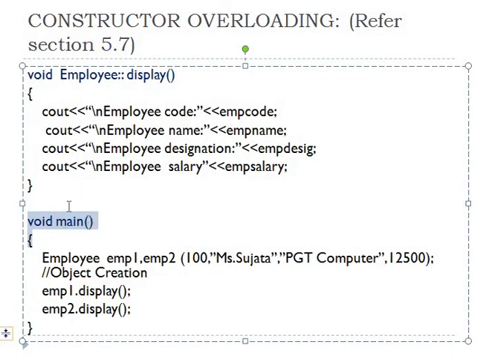The program shall start with the main function, because main is the inception of a program. Inside its body, the first statement creates 2 different objects, emp1 and emp2, of the class employee. The first object emp1 takes no initial values as arguments, whereas the second object emp2 takes 4 initial values as arguments.